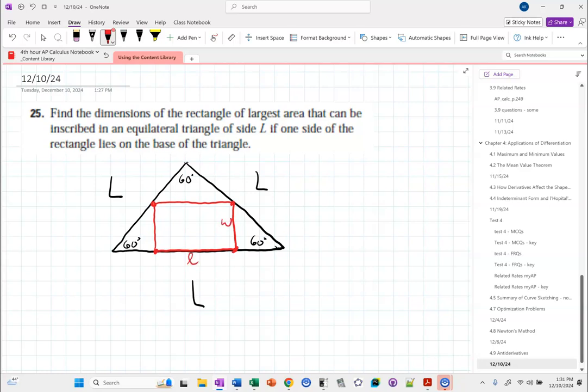Well, I know I have L and W because I care about the area of that rectangle, right? That's what we're going to try to maximize. So what I want to do here is first resolve this into a single variable, right? L or W. So let's think here for a moment.